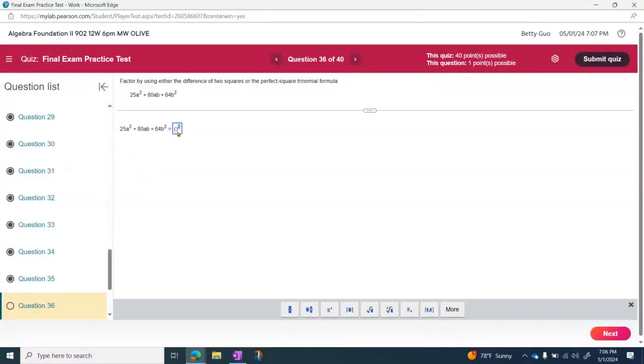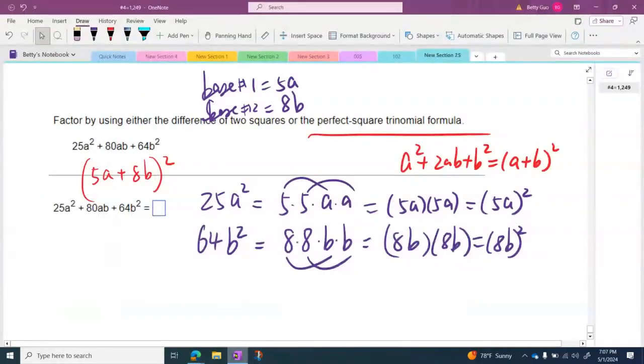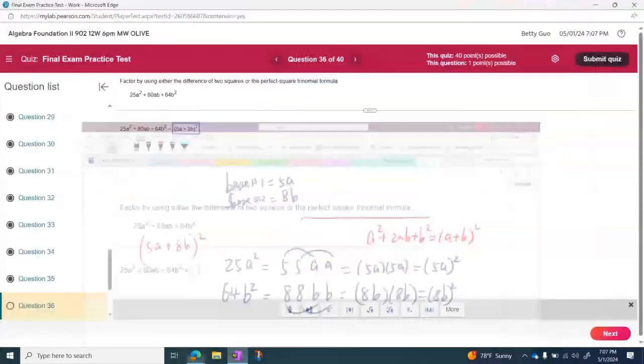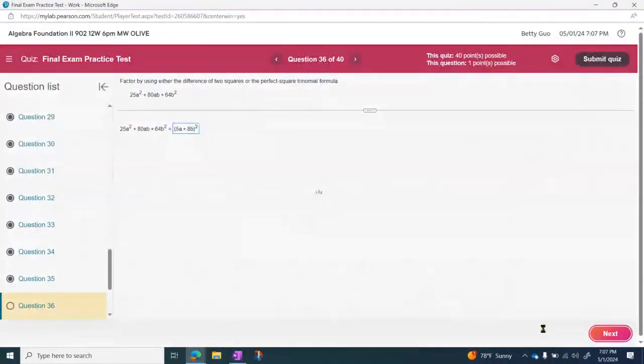In the parentheses, 5a plus 8b. 5a plus 8b. Okay. It doesn't hurt if you triple check. Okay, very good. Next.